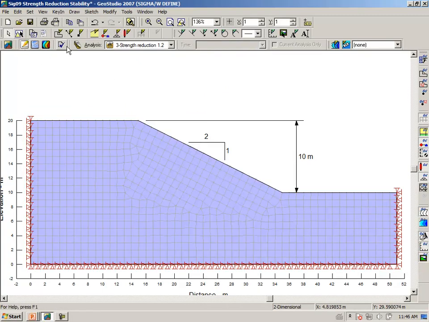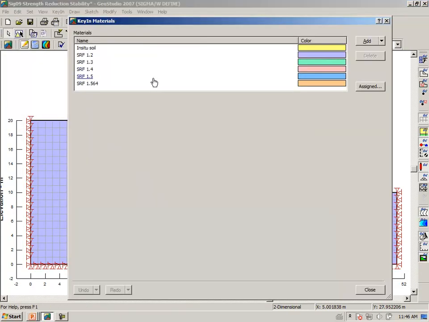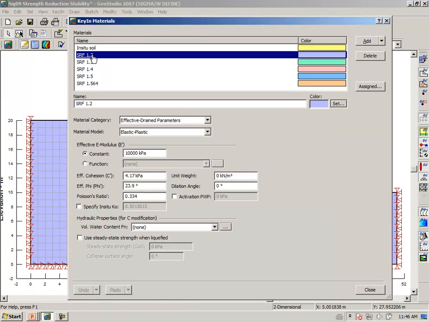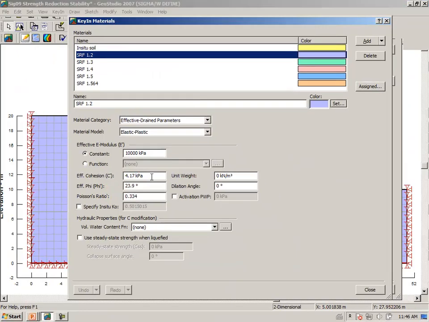Back in the define view under key-in materials, we have created different materials with different strengths. And these strengths here, C and phi, have now been reduced from the base case by a factor of 1.2. All other parameters are the same as they were for the base case.